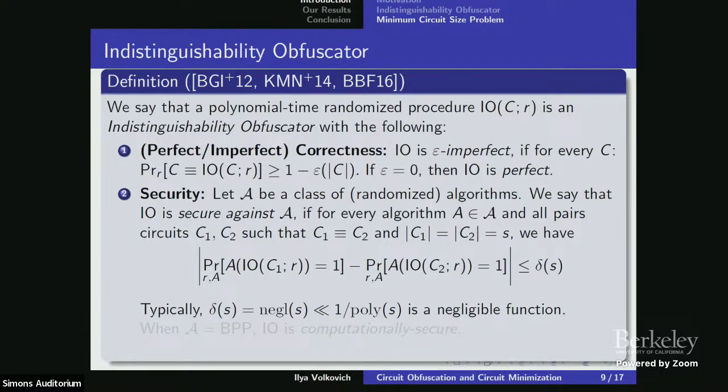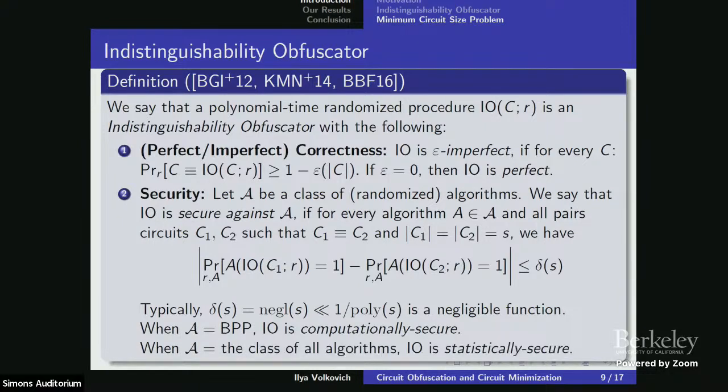Now, why do we want to look at a class of algorithms? The two typical scenarios are when A is taken to be all the efficient algorithms. This corresponds to computationally secure iO. Or the high end of it, where A is the class of all algorithms, very inefficient, doubly, triply exponential. In this case, this is the class of statistically secure iO.